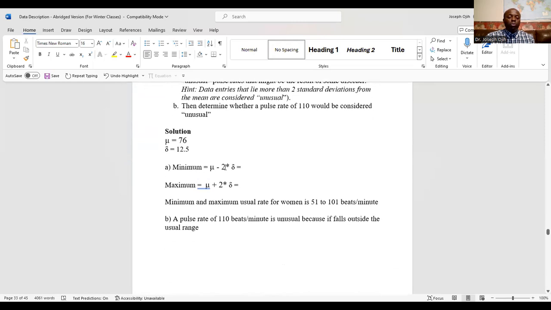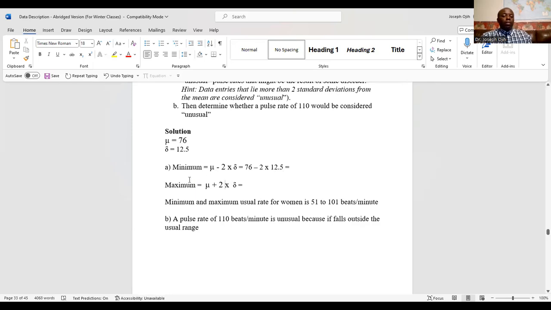So you have mean minus 2 standard deviations, which means our mean is 76. Put 76, minus 2 times the standard deviation of 12.5. Okay, this is times, just like this one. This one is also times.